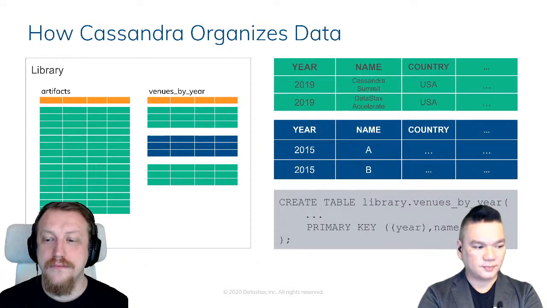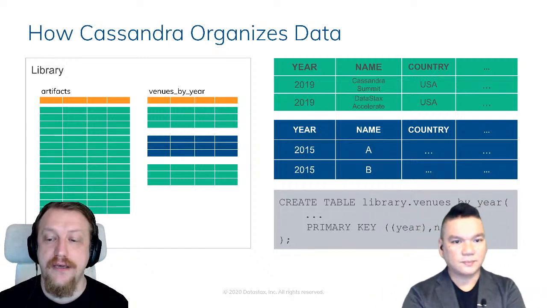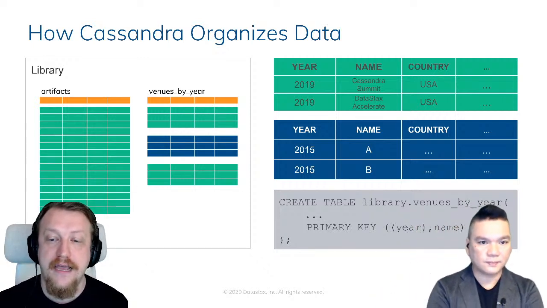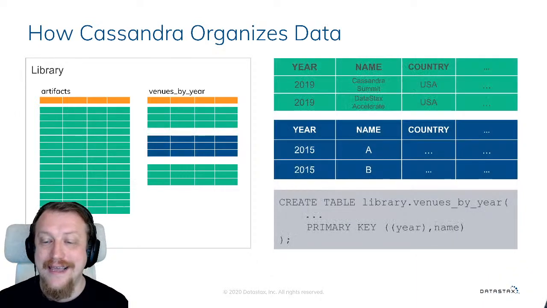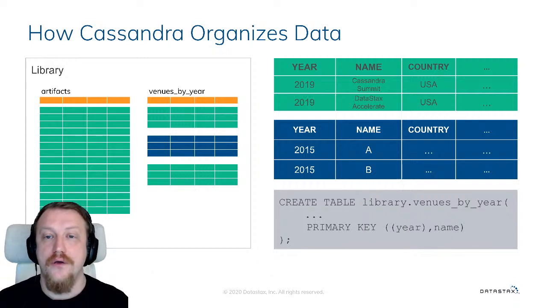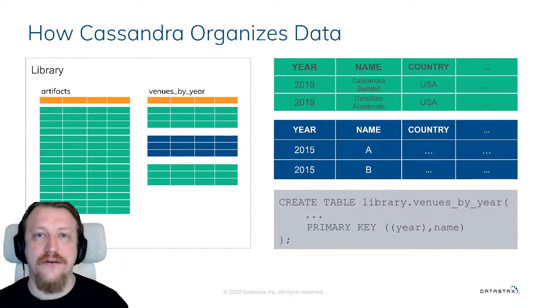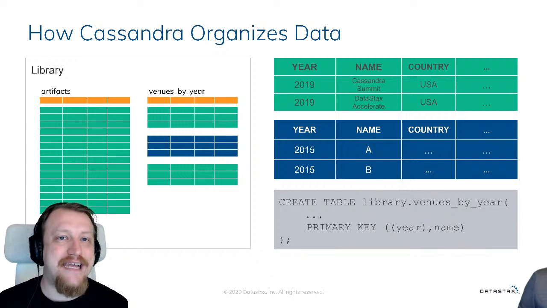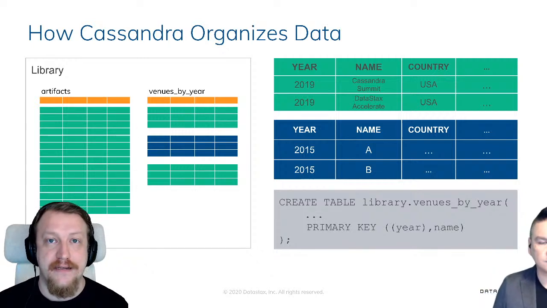So far so good. Now take a look at the last line in this create table statement. We have primary key, year, and name, and the year part is in parentheses. What does that mean in general? The first part of a primary key works as the partition key. Cassandra is big data ready. Many companies like Netflix, Instagram, Apple, Huawei, and others use it to store dozens of petabytes of data.